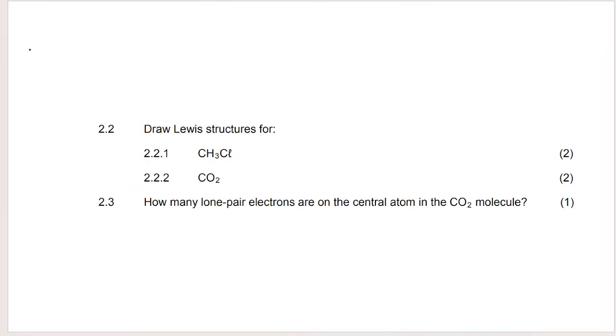My next question wants us to draw Lewis structures, and our first one is for chloromethane. The name of this compound is chloromethane, so 2.2.1. Now, the first thing that I want you guys to take note of for this compound is we've got CH3Cl. If you take a look, we have a carbon atom, we have 3 hydrogen atoms, and we have a chlorine.